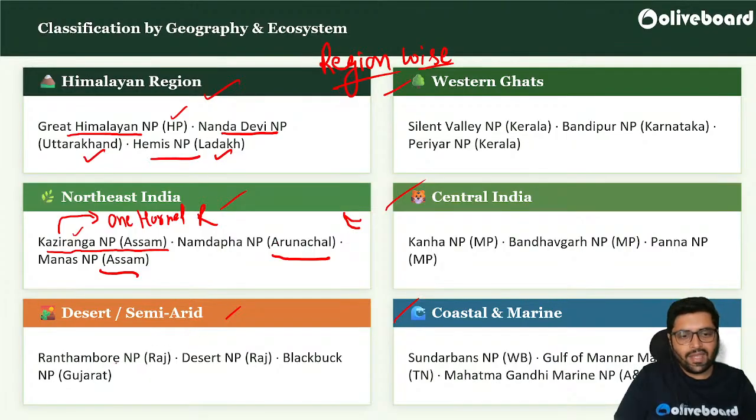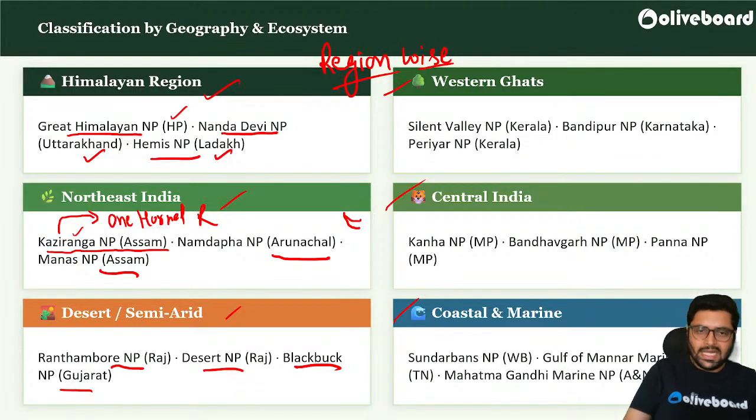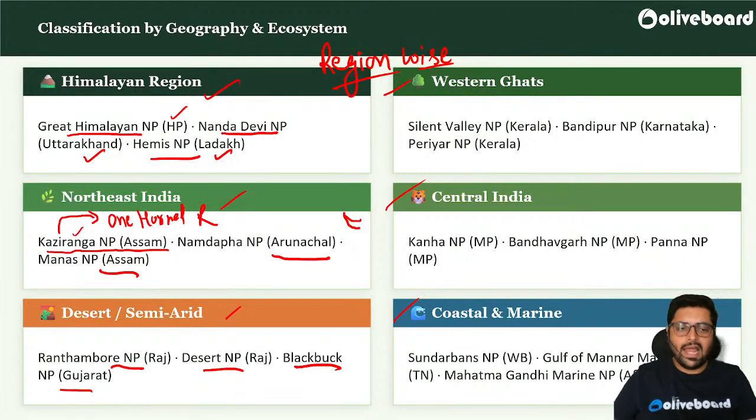Desert and semi-arid, we have Ranthambore National Park, Desert, and Blackbuck National Park, Gujarat. Correct? Ranthambore, Desert, and Blackbuck National Park. Blackbuck's story, if you know. Okay, Blackbuck. Next, Western Ghats: Silent Valley National Park, Bandipur National Park, and Periyar.